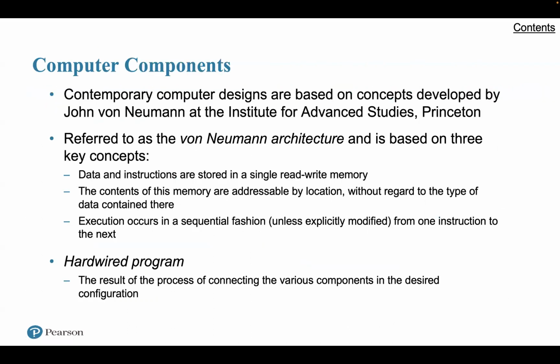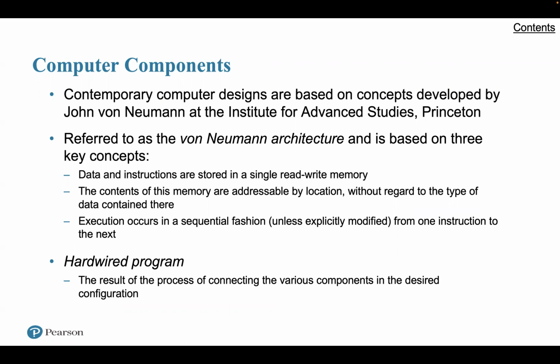So as discussed in chapter 1, virtually all contemporary computer designs are based on the concept developed by von Neumann at the Institute for Advanced Studies at Princeton. Such a design is referred to as a von Neumann architecture and has 3 key concepts. First of all, the 3 components are the CPU, the memory, and input and output.